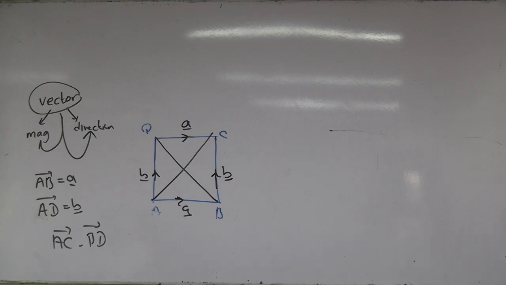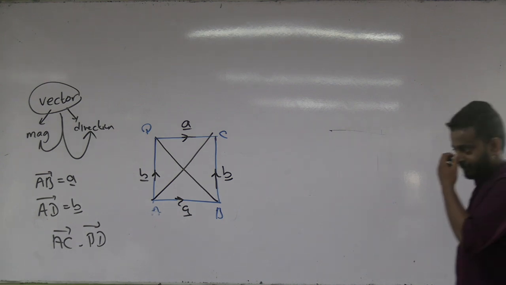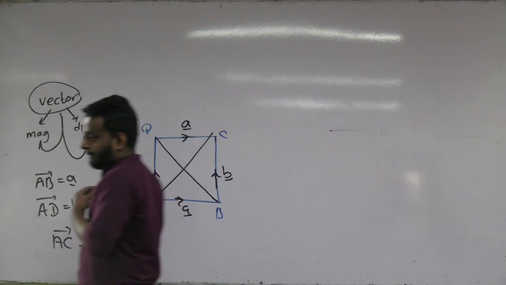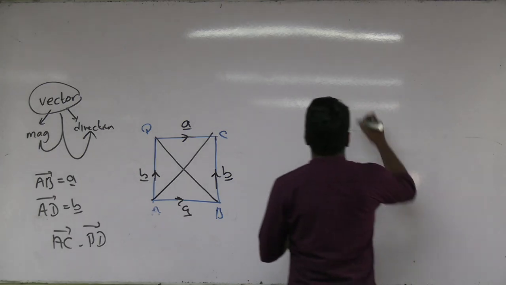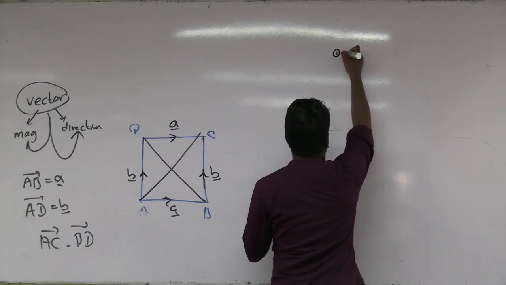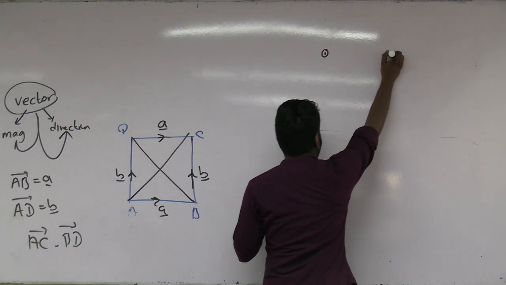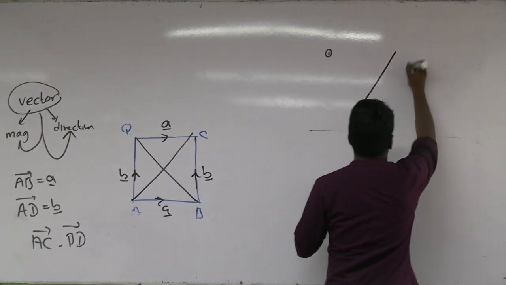Okay, just write this question. Write the vectors AC and BD. Okay, so I'll write two questions. Question 1. This is a parallelogram.